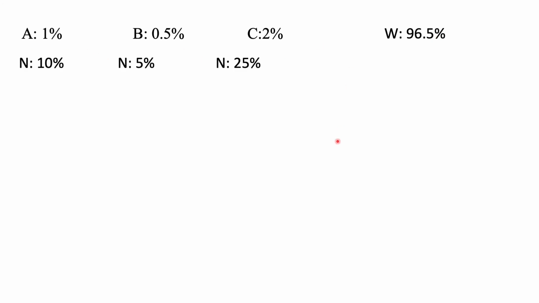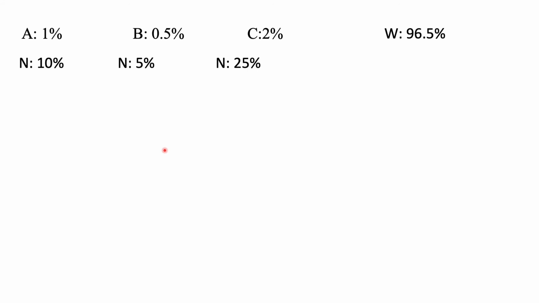The other information, we have asymptomatic people in each disease. For example, 10% of disease A people don't have symptoms. 5% of disease B people don't have symptoms. And also, we know that for disease C.